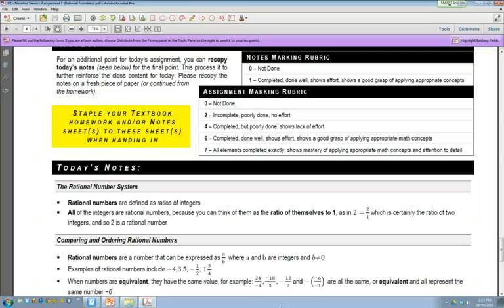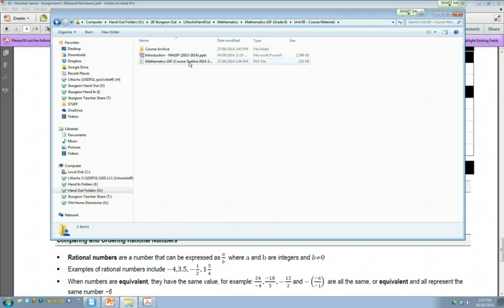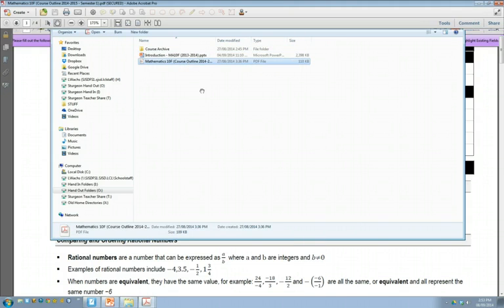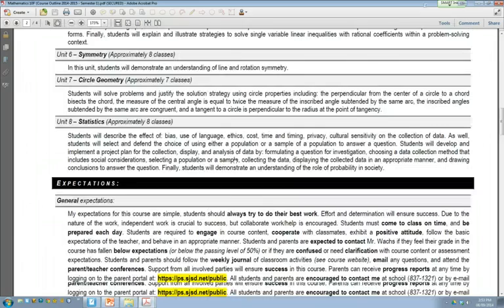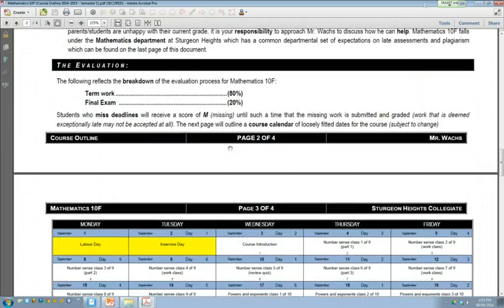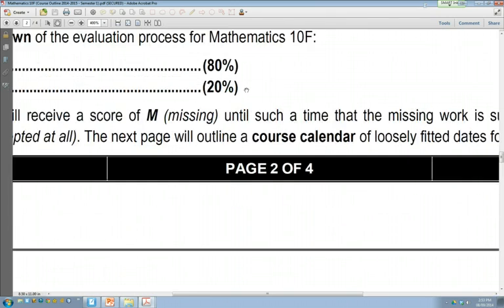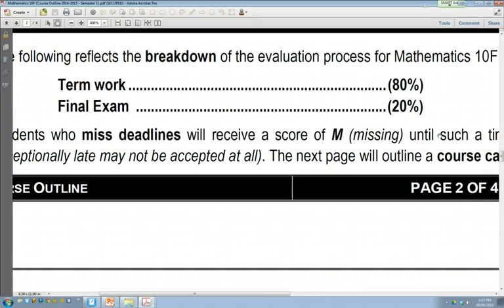Now, this is a bit different because in the past in this course, we used to mark these assignments at a point scale per assignment. But starting with the new math curriculum, we've gone a different route. I just want to draw you back to the course outline to show you what I mean. It was in the course outline that you saw that term work is worth 80%, and the final exam is worth 20.